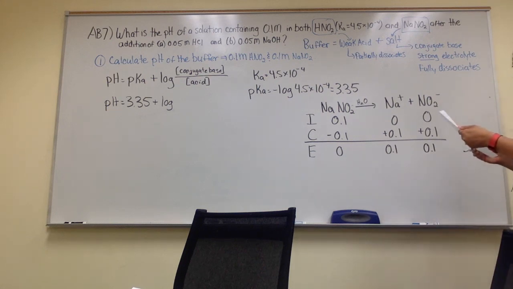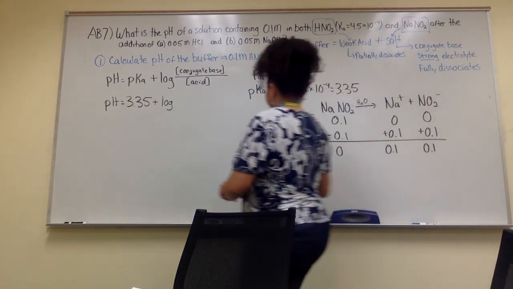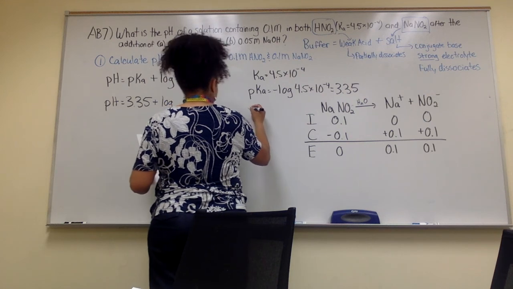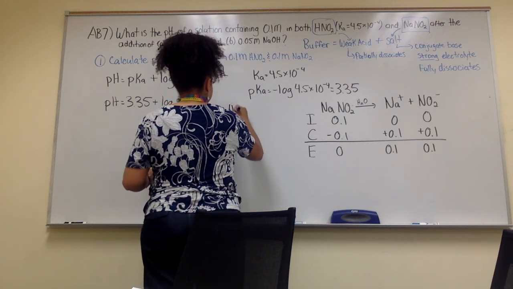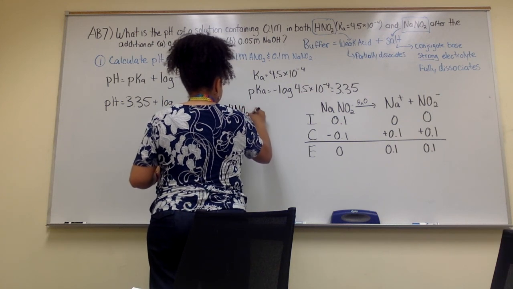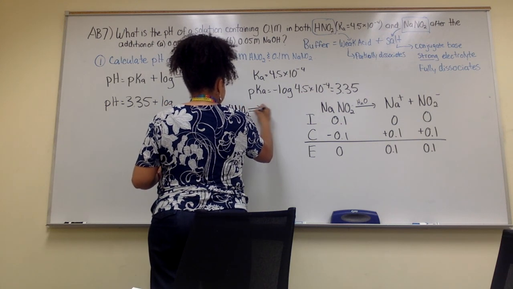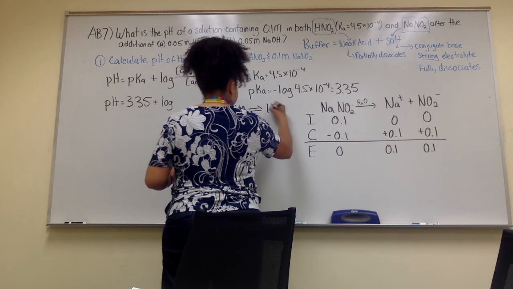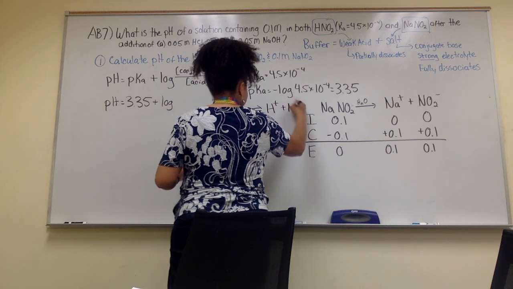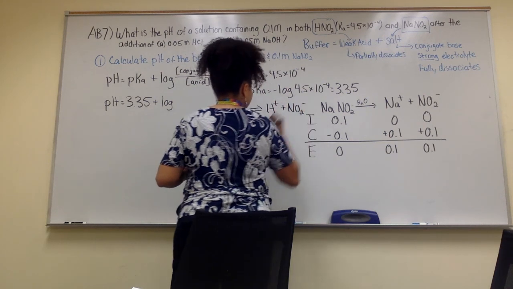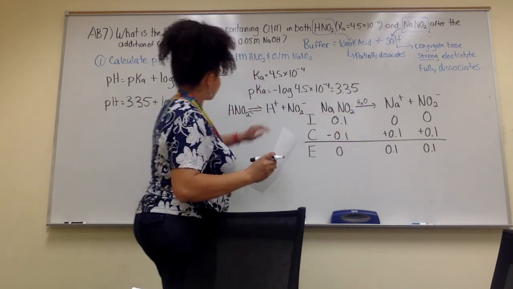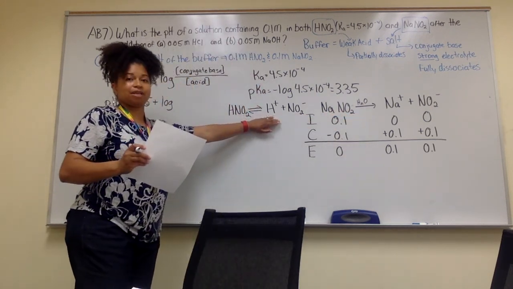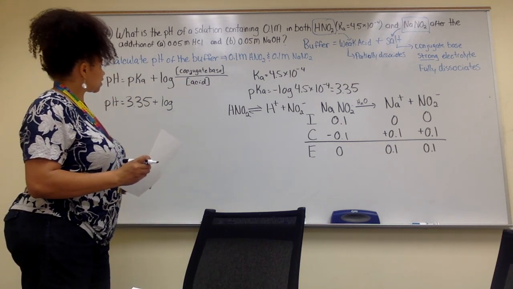Well, the other equation involved is for this weak acid, which would be HNO2 partially dissociating to be H plus and NO2 minus. So the same thing. We have this reaction that's happened, and we have this that is happening.